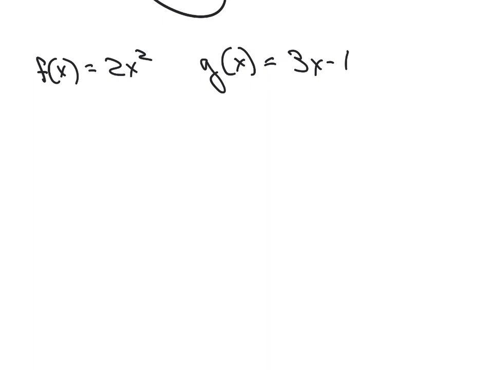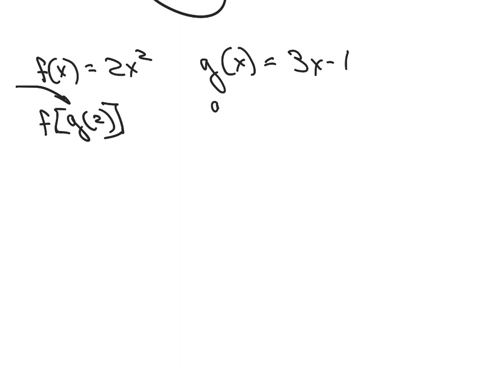If they were to give me f of g of 2, and it looks like that, what they're asking you to do, and this is the part that as we get more and more into functions, I'll reiterate this. You always start in the innermost. So what this is saying is we are going to start with the g of 2.